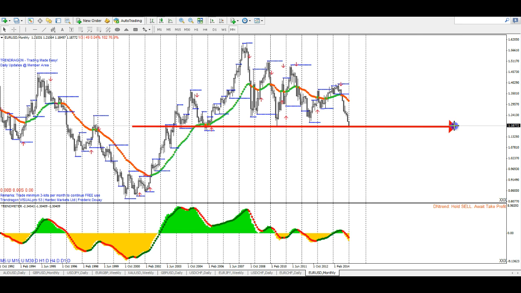One thing that we need to keep in mind is that the price is close to the 1.18 figure, 1800 as we call it, and that level is significant in its support. It's a very strong level of support, and this is where the currency is right now.